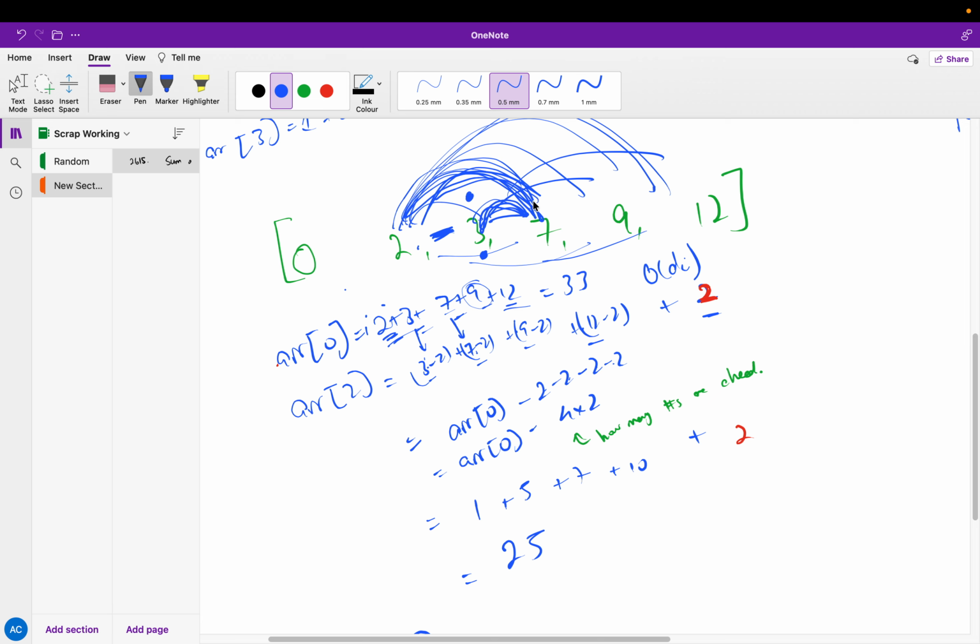This jump plus this jump. This jump, this jump, this jump minus 1. It's 4, 6, and 9. Those are my jumps.